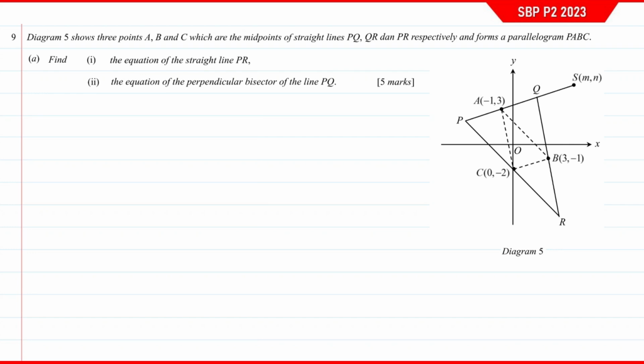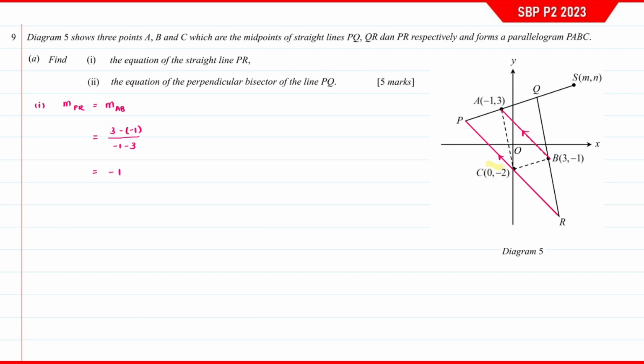As PABC is a parallelogram, this means the gradient of PR is equal to the gradient of AB. So using the points A and B, the gradient of PR will be (3 minus negative 1) over (negative 1 minus 3). So this will be 4 divided by negative 4, which is negative 1.